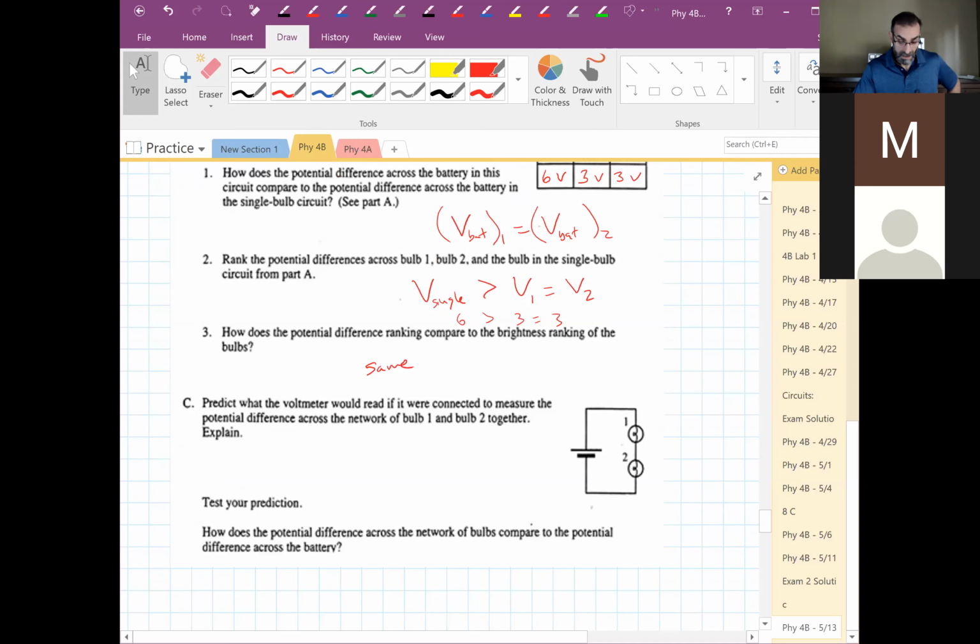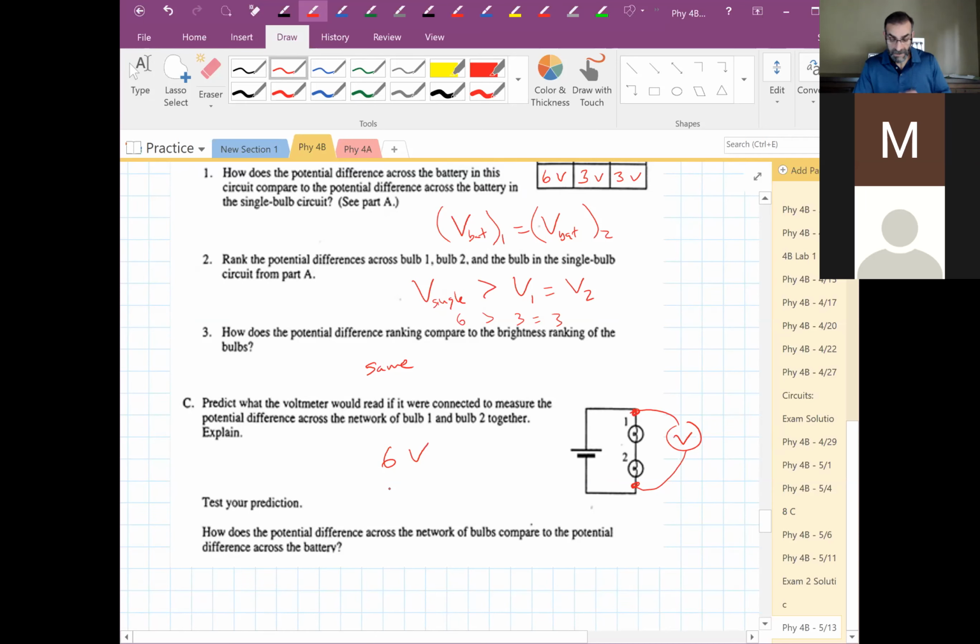What does this say? Predict what the voltmeter would read if it was connected to measure the potential difference across the network of 1 and 2 together. So we're going to hook up our voltmeter here. What's it going to read? Six volts.